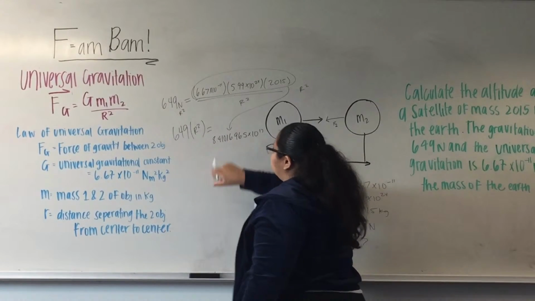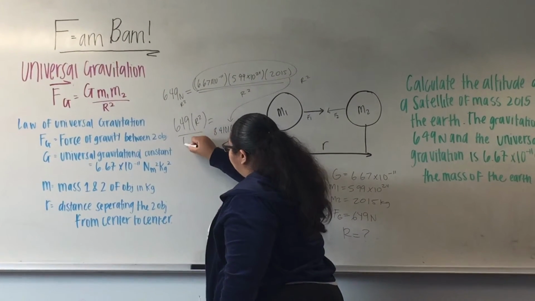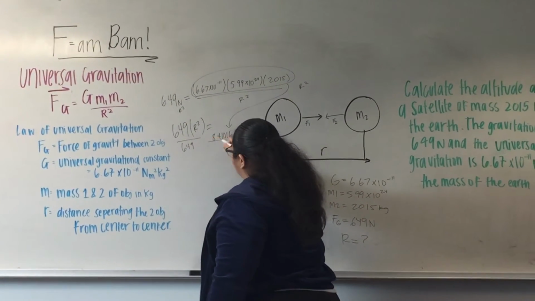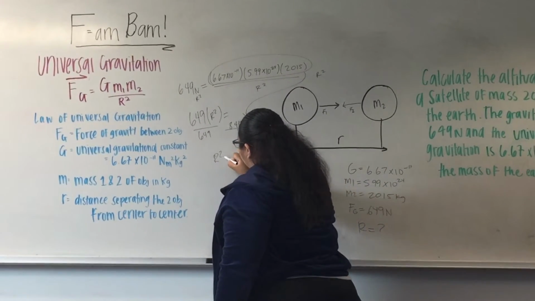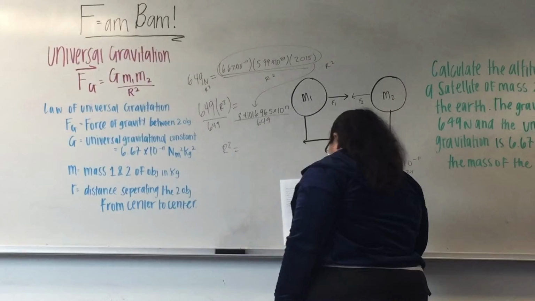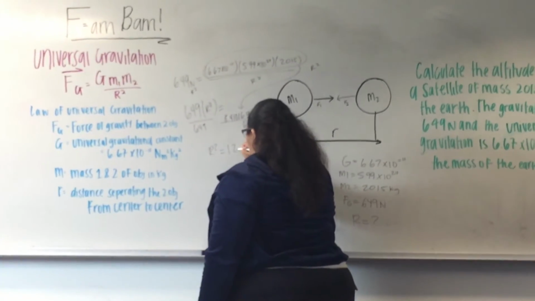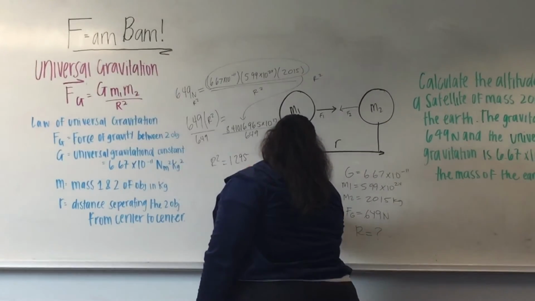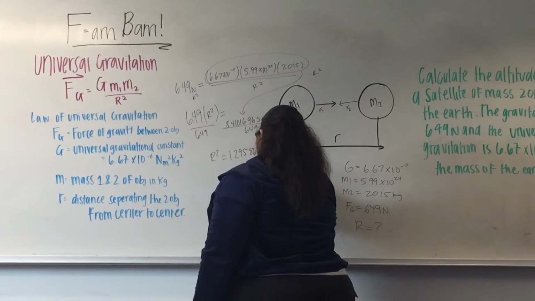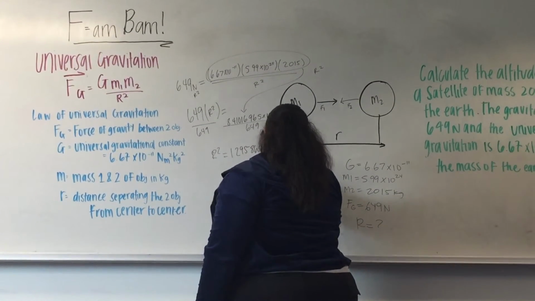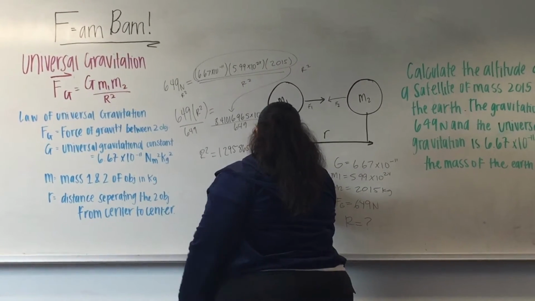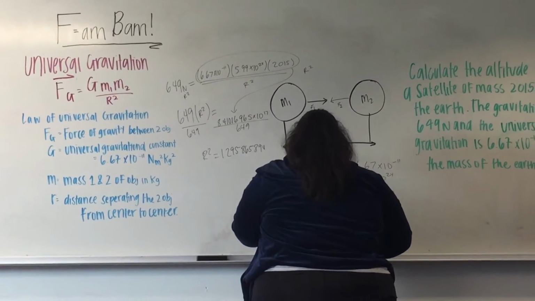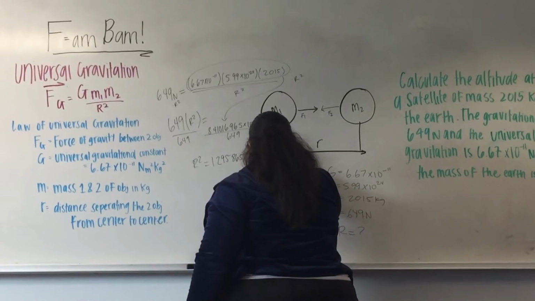Now that we have this, we can just divide by 649 on both sides. Your r squared ends up being 1.295865 times 10 to the 15.